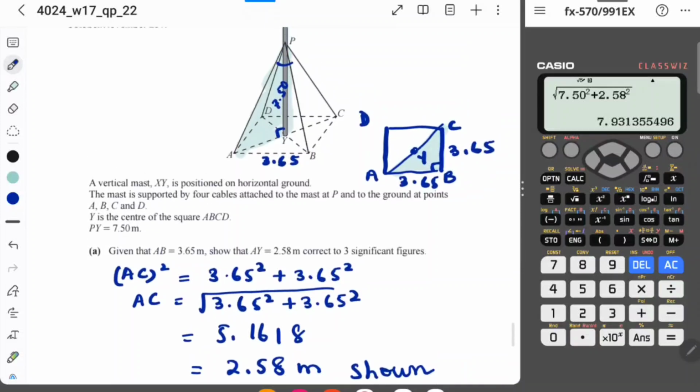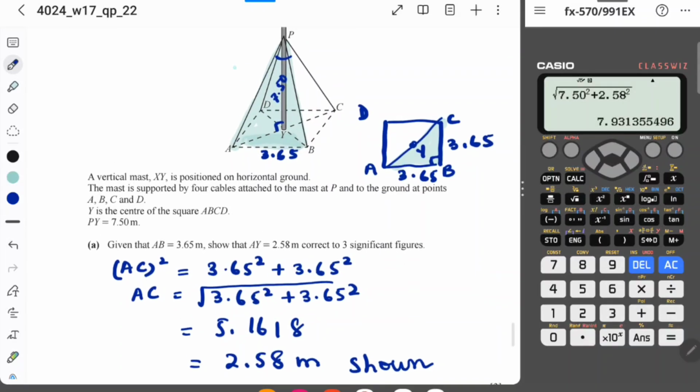So this is A to P to B. Here they're talking about this triangle, where AP and PB are the cables, and the cable length we have already found, that is 7.93, and it's also 7.93. So 7.93 and 7.93 are two sides of the triangle, and 3.65 is the third side. And we have to find this angle here.